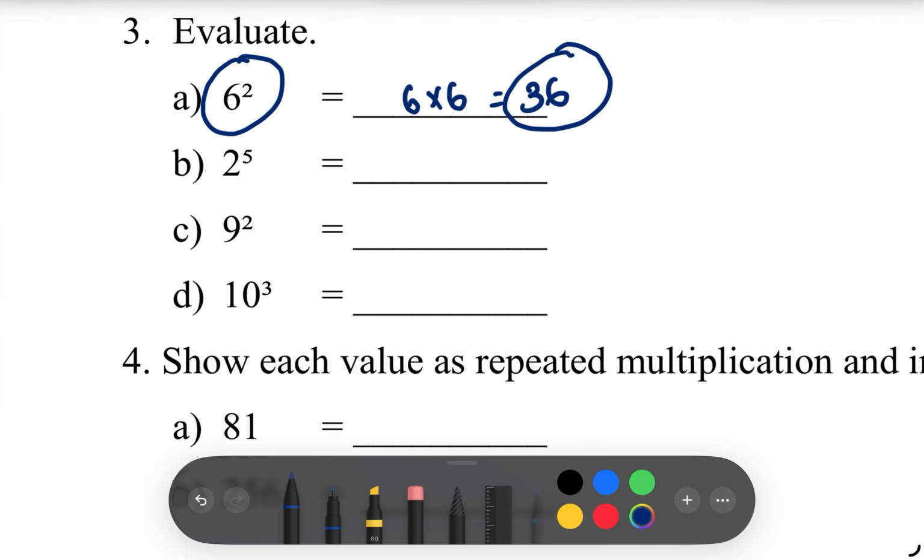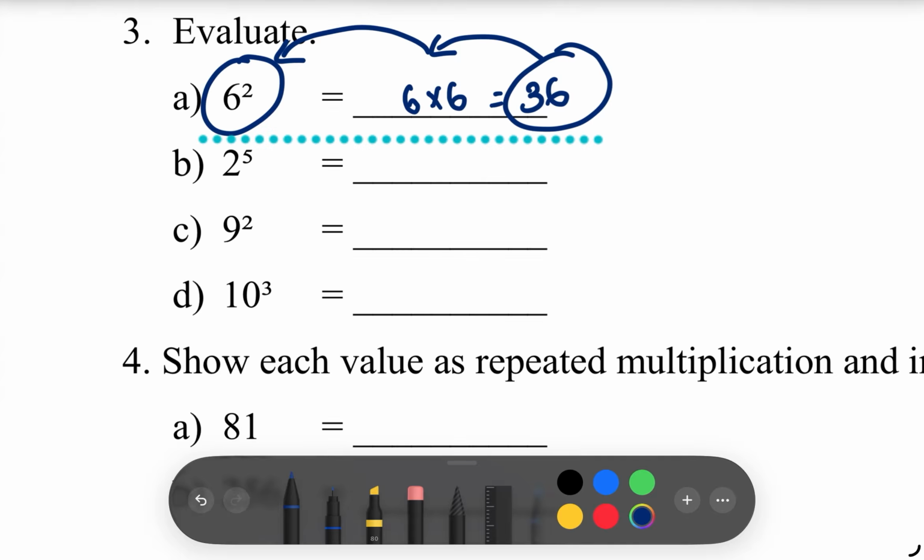So I can say 36 can be expressed as a repeated multiplication, 6 times 6, and it can be expressed as an exponent or power, 6 to the power 2.